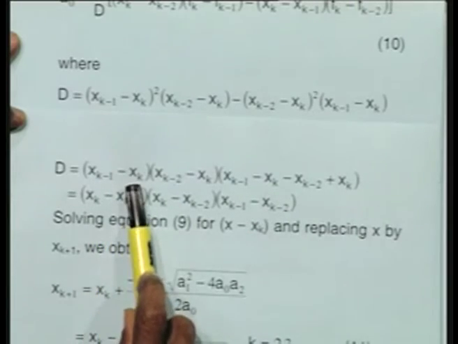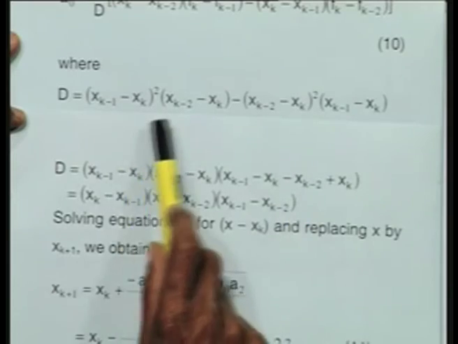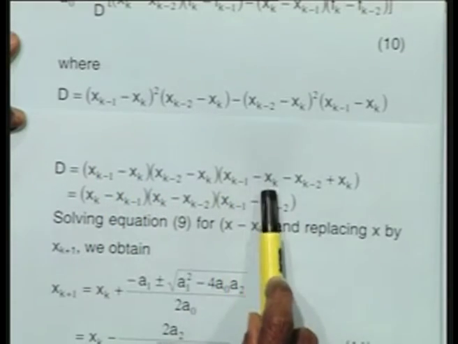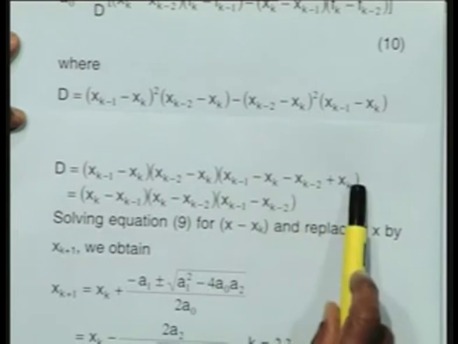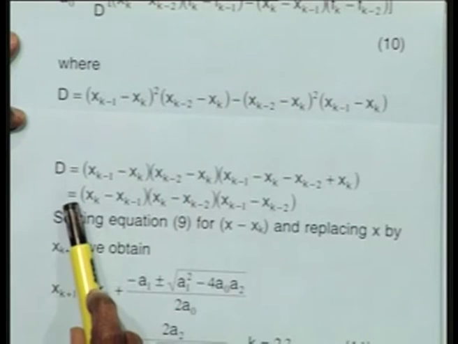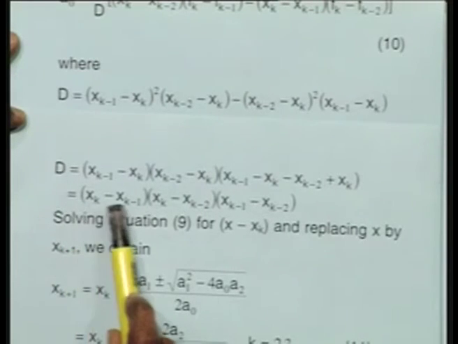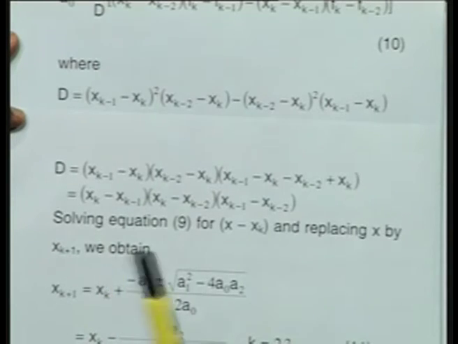So I can take out both these common factors, (xk minus 1 minus xk), (xk minus 2 minus xk), and what is left out is (xk minus 1 minus xk) and minus (xk minus 2) plus xk. So xk cancels, I have a factor of this particular form. Now you can see that the denominator of this can easily be written down once we know the 3 approximations.